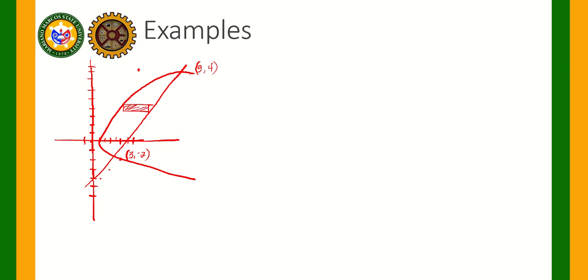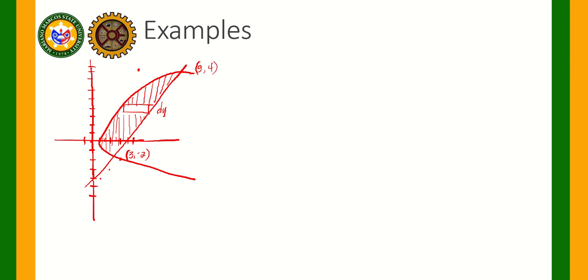So, this is our strip. Okay, so ito yung area na kukunin natin. Okay? So, since horizontal strip tayo, we are going to integrate our function with respect to y.